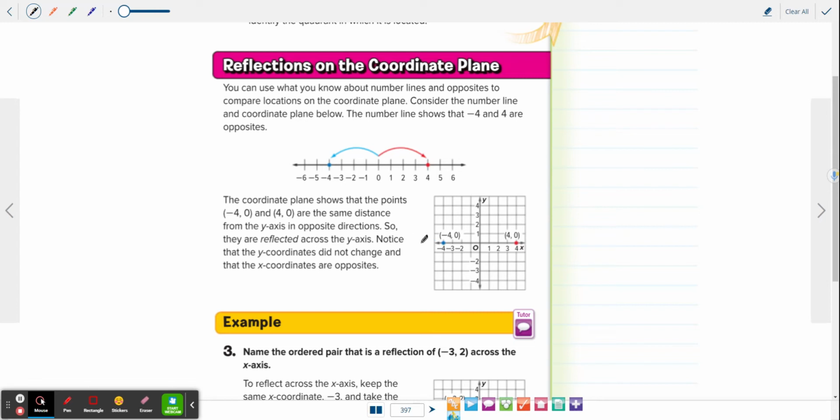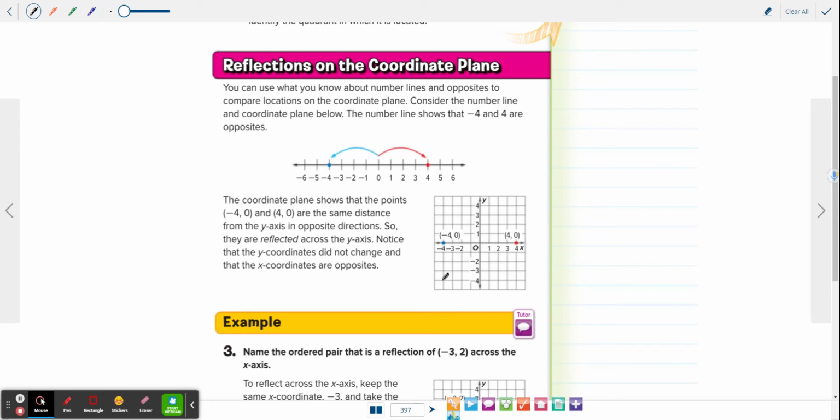So you just imagine that whatever axis they say, that's your mirror. So if they say it's reflecting across the x-axis, the x line is your mirror, and it's going to be reflected on the other side the opposite way. And if y is your mirror, it's going to be reflected on the opposite side the opposite way.